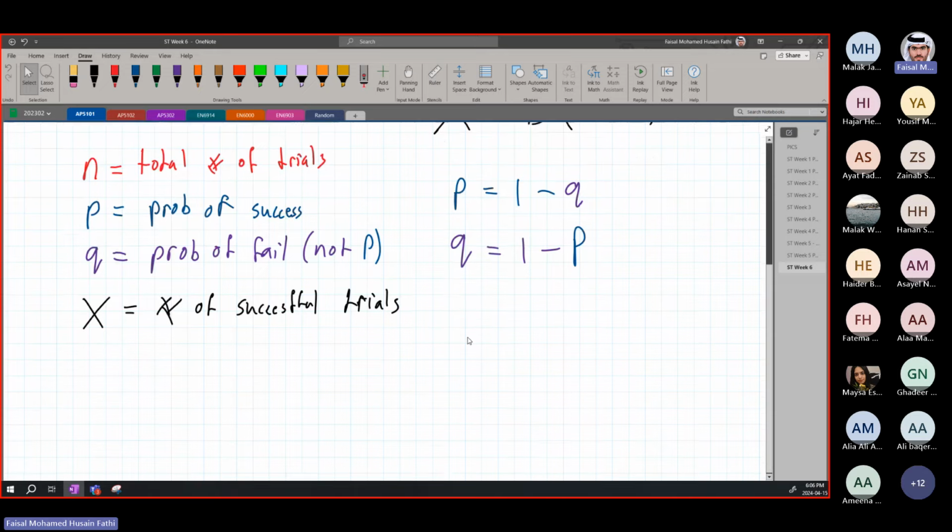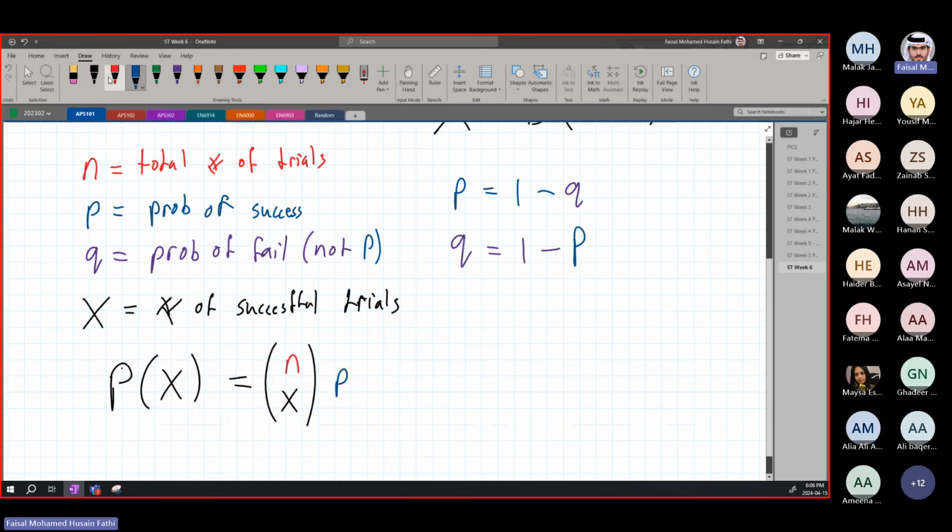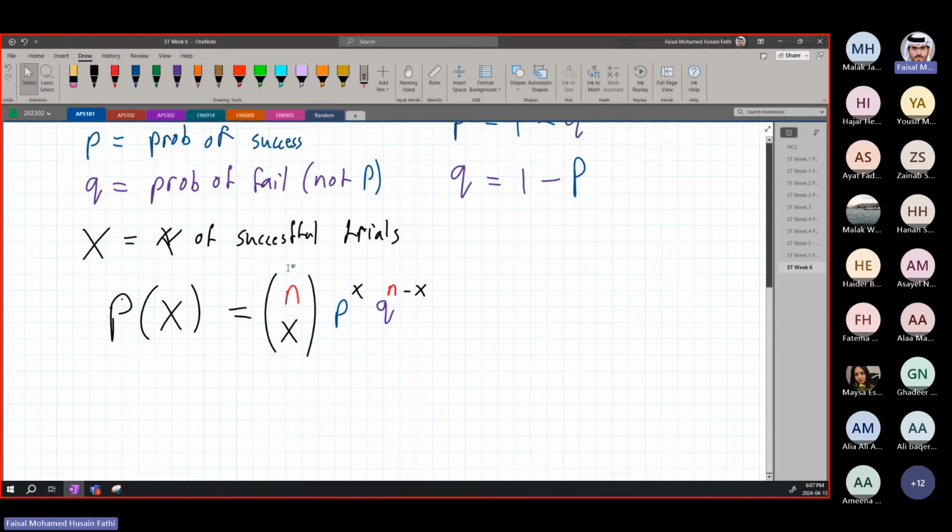And there is one formula you guys are going to need to know, which is P of X. This is the probability of X occurring, of this success, is equal to, what was it equal to? Yes, it's equal to N choose X. Sometimes it is written in this form, so I'm just going to write it also in this form. It's equal to (N over X) times P to the power of X times Q to the power of N minus X. So what does this bracket mean?